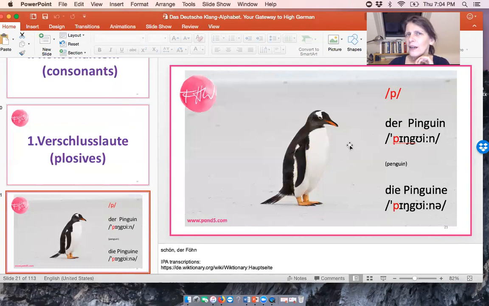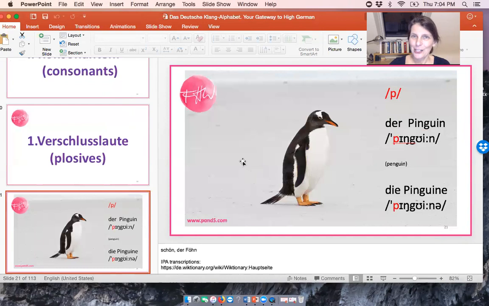German, I think, is not quite as hard with regard to the discrepancy between spelling and pronunciation as English is, but it is harder than I thought it was before I started teaching. So I suggest you learn the spelling of the word as an image. You visualize the penguin, and you hear Pinguin, der Pinguin.